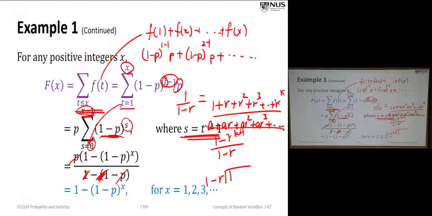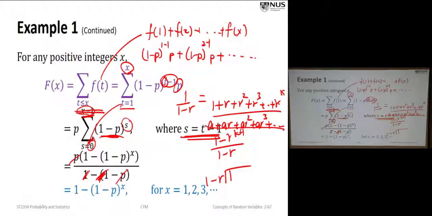All right? Now, but this is not good enough. The CDF must be defined for all x values. You cannot just tell me that this CDF equals this expression where x equals 1, or where x equals 2 it is equal to 1 minus (1 minus p) to the power 2.